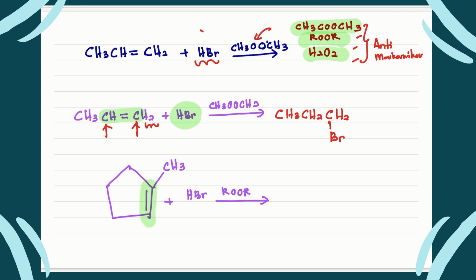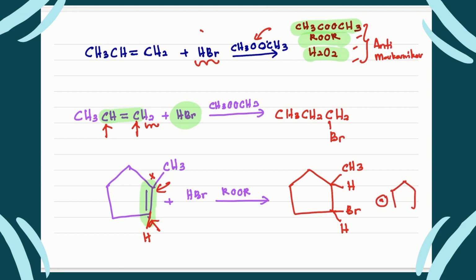So we focus here, and then we look at each carbon, and then we can conclude that this carbon contains one hydrogen and this carbon does not have any hydrogen. So CH3, the hydrogen will attach here because it is anti-Markovnikov, the hydrogen will attach to the carbon with less hydrogen. This is H and Br. Or we also can propose the structure like this.